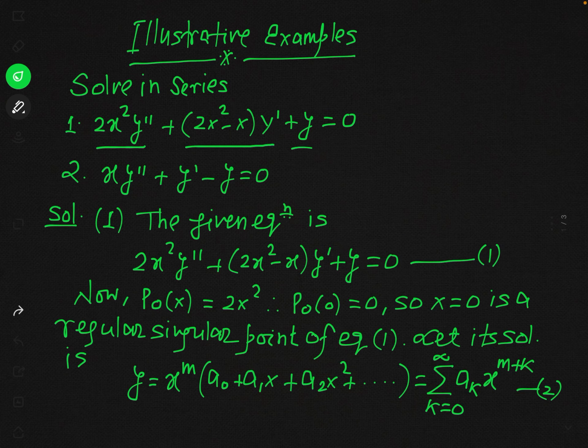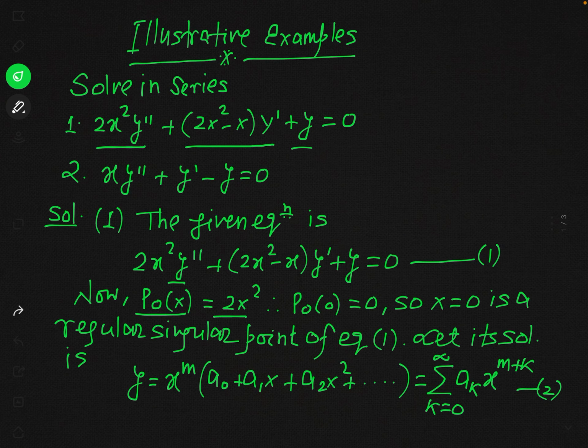In fact, the given equation I have mentioned again here, and when we compare this given equation to the standard equation which we discussed earlier in the general instruction, you find that the coefficient of y double prime, which is denoted by p naught of x, in this problem is 2x square.